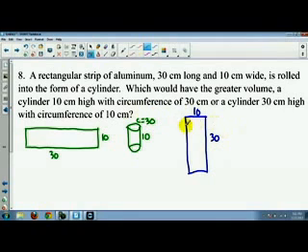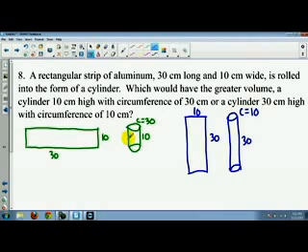If we rolled it this way, in which the height of the cylinder is 30, then we will have this, in which the height is 30 and the circumference is 10.